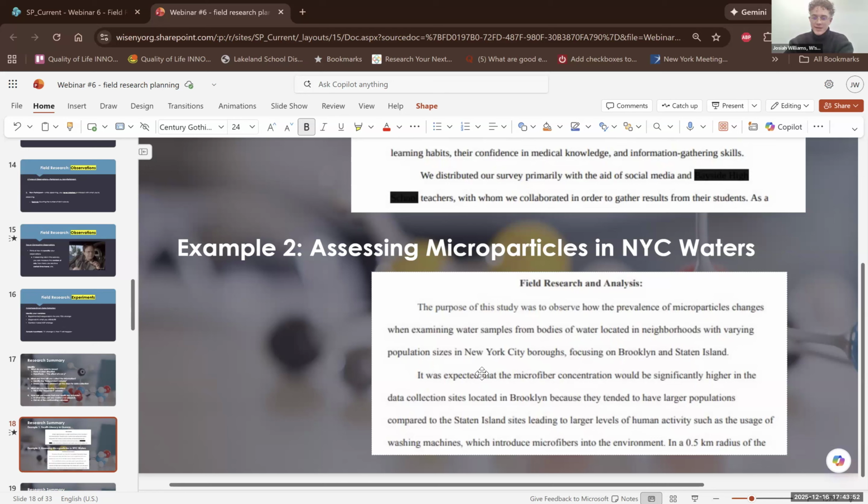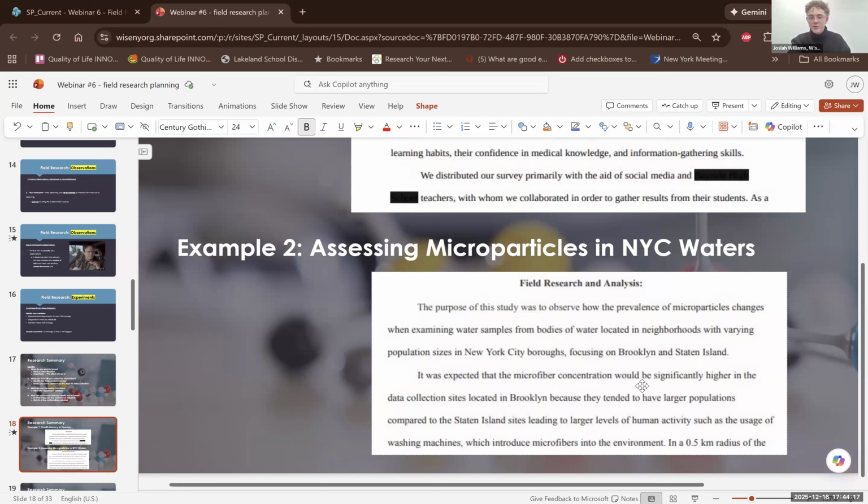It was expected that the microfiber concentration would be significantly higher in the data collection sites located in Brooklyn because they tended to have larger populations compared to the Staten Island sites, leading to larger levels of human activity, such as the use of washing machines, which introduce microfibers into the environment. So that's a big sentence. I'm going to break it down.